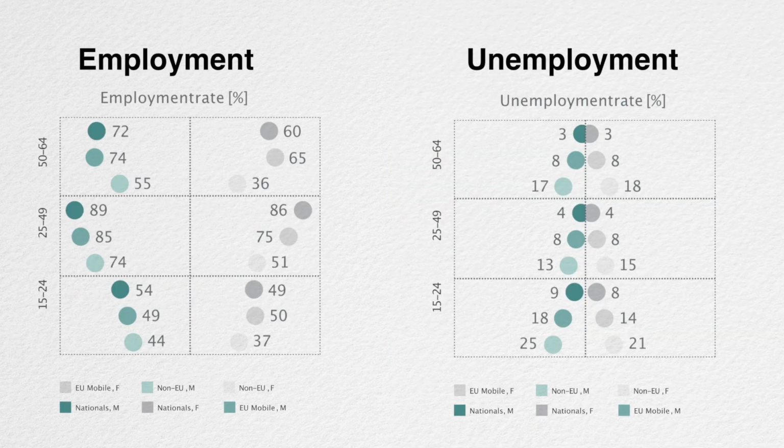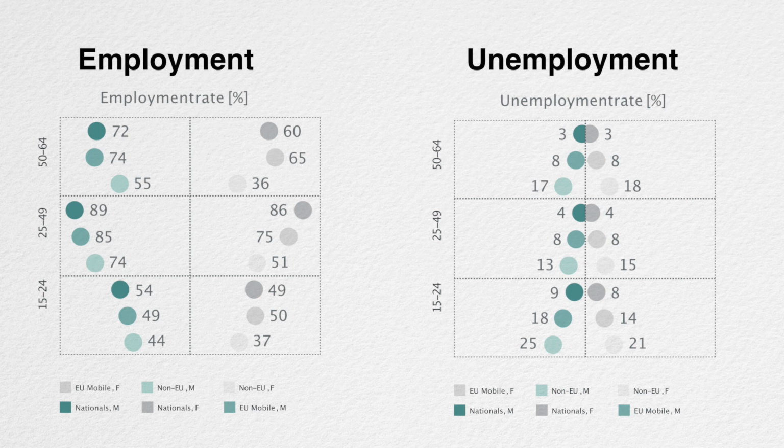Now, if we look at employment and unemployment rates, what we can see here is that there are not big differences in many regards between European nationals and Austrian citizens. We do see that non-European immigrants seem to fare a bit worse with regard to employment rates.